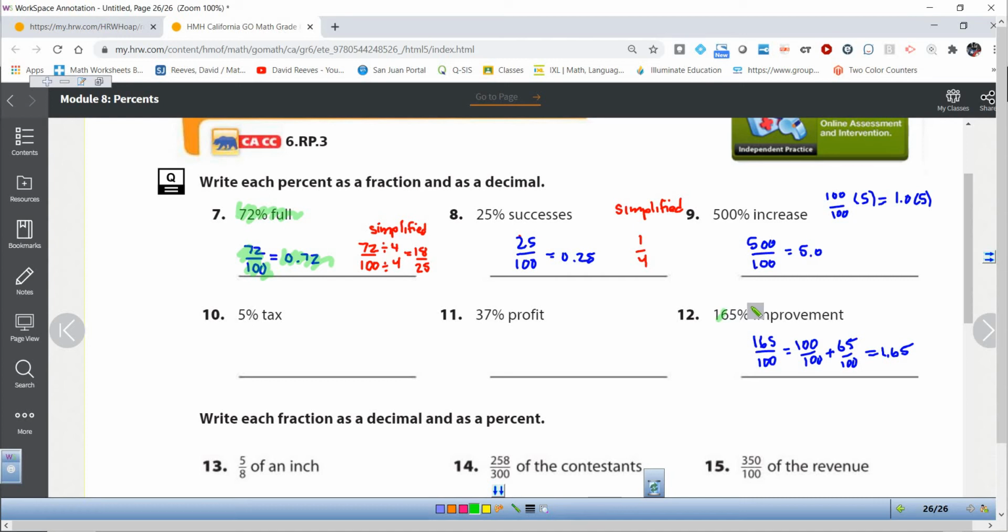So this is our percent, and this is our fraction. We simply put that number over 100. Any part that's over 100 is going to go in front of the decimal. Here we had 100 over 100 five times, so it was all in front of the decimal. Here we have 165, so 100 over 100 plus 65 over 100.